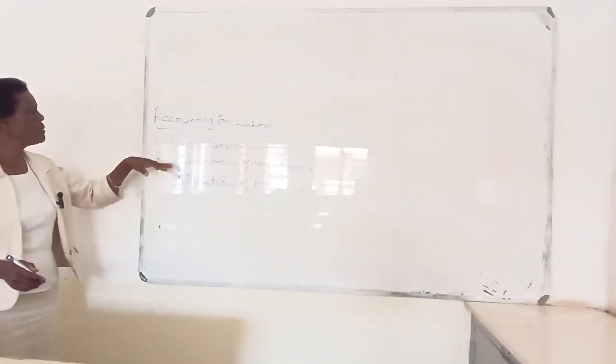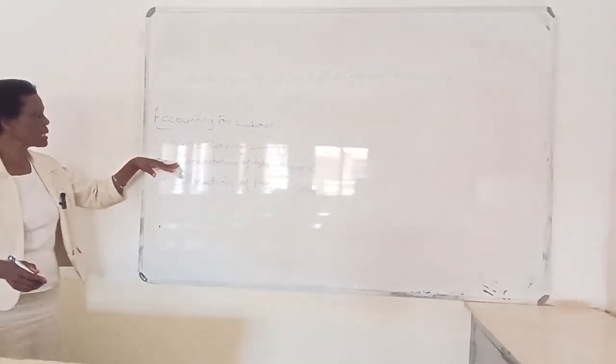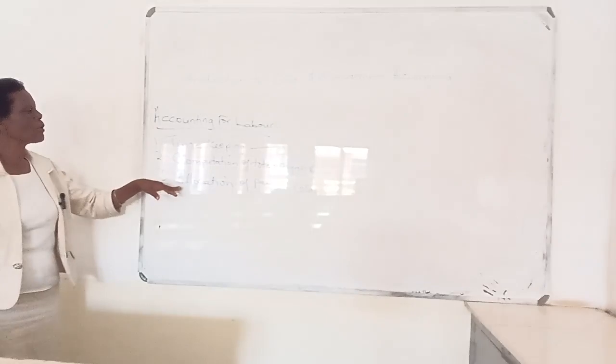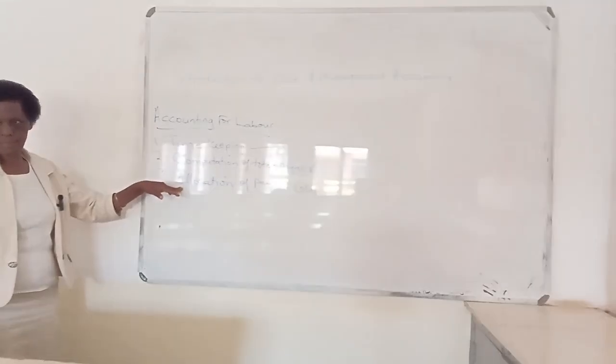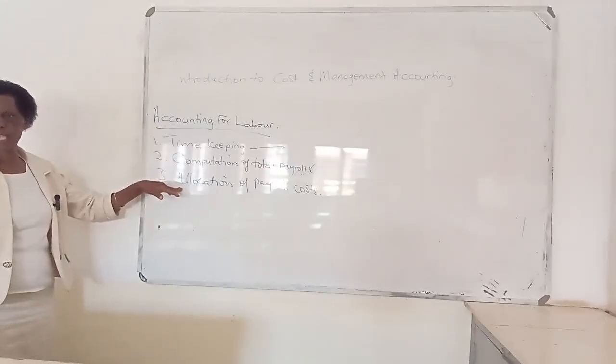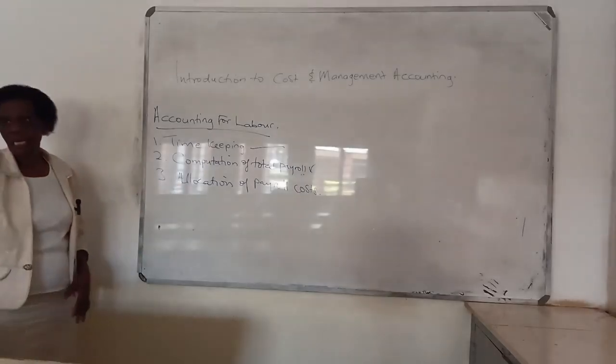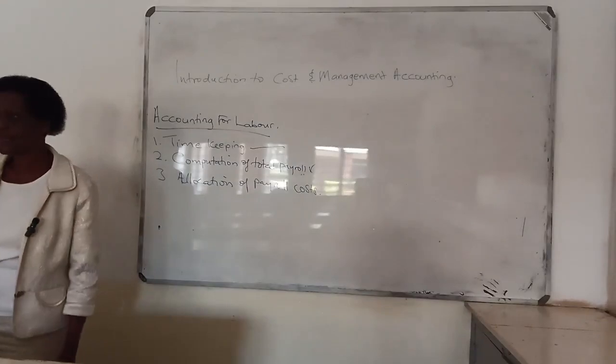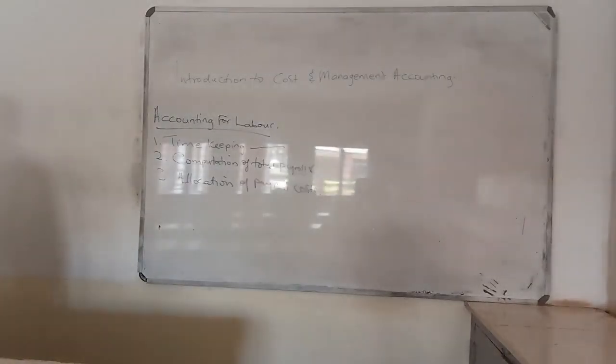We have computed it, calculated the total payroll. Then we allocate. Allocation, as I said, everybody, for example, Banda is in accounts, Kalivute is in procurement, Khadija is in marketing, and Loveness is in human resource.